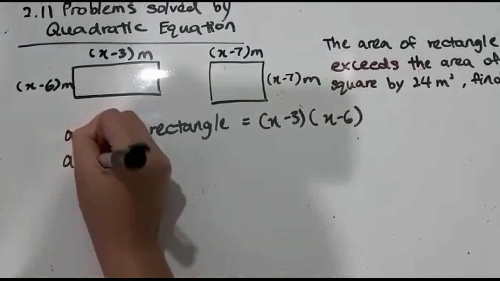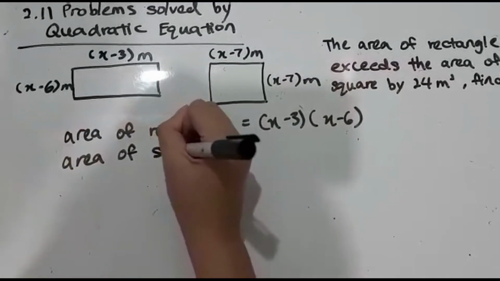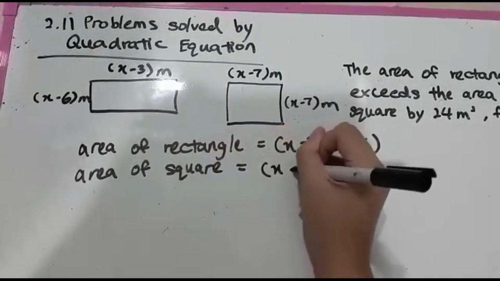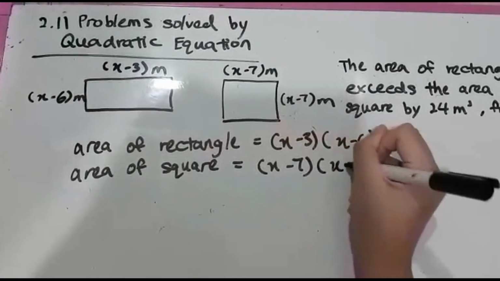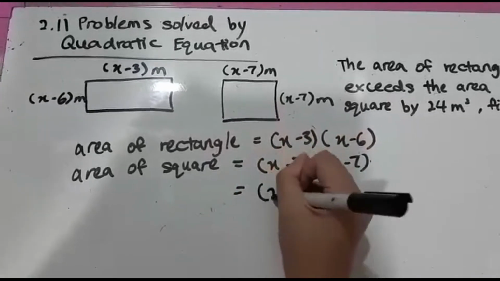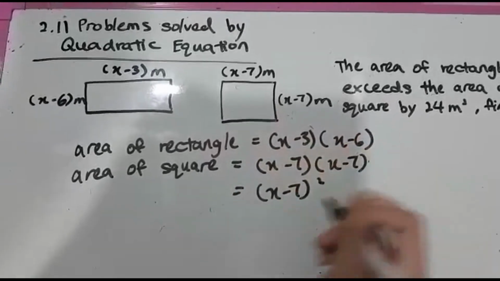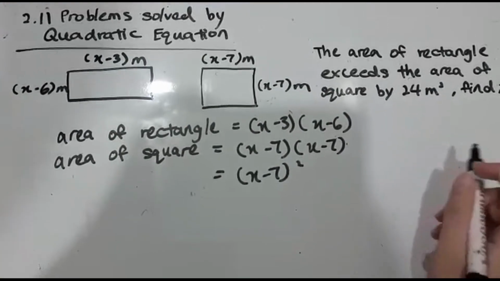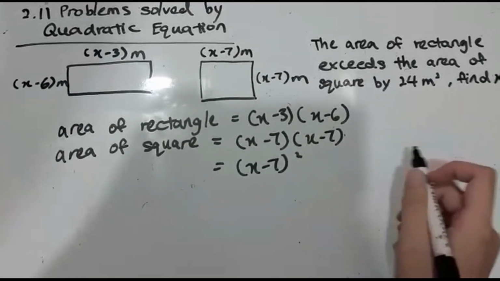And the area of the square is equal to x minus 7 times x minus 7, also x minus 7 squared. So from here we know that the area of the rectangle is 24 meters more than the area of the square.